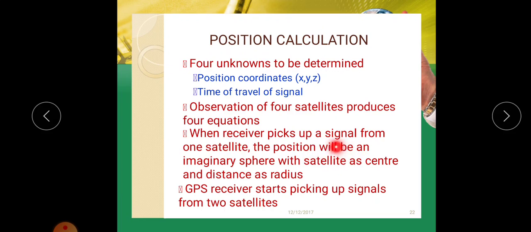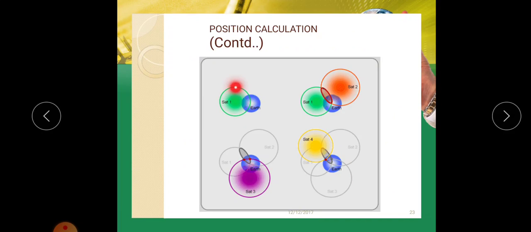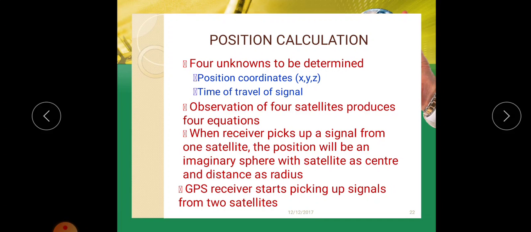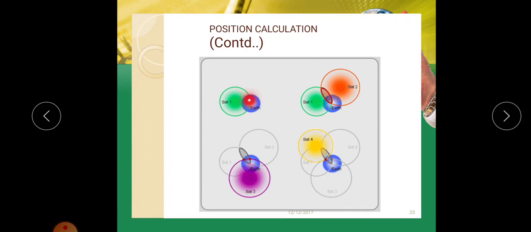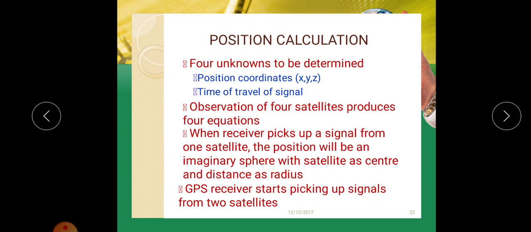The position will be on an imaginary sphere with the satellite as the center and the distance between these 2 points as the radius. So that is the case when the point is viewed by a single satellite. The point may be anywhere on this imaginary surface.